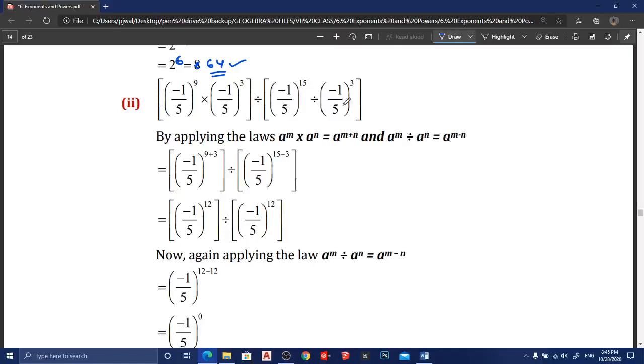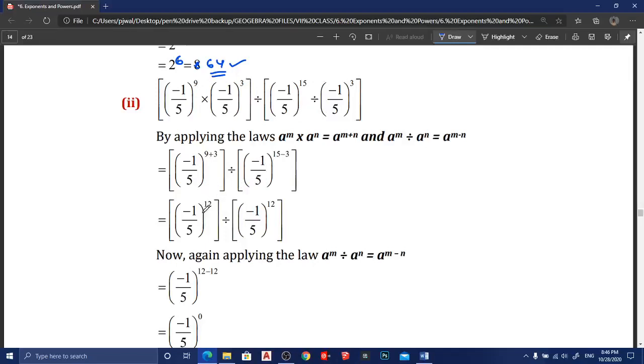What is the a here? Minus 1 by 5. M and n are 15 and 3 here. Just subtract them. Take the single base to the power of 15 minus 3. Here, (minus 1 by 5) to the power of 9 plus 3. Here, (minus 1 by 5) to the power of 15 minus 3, because it is division in this.